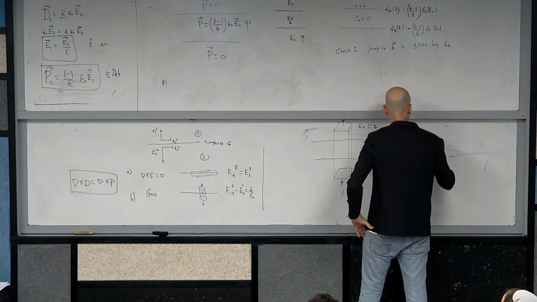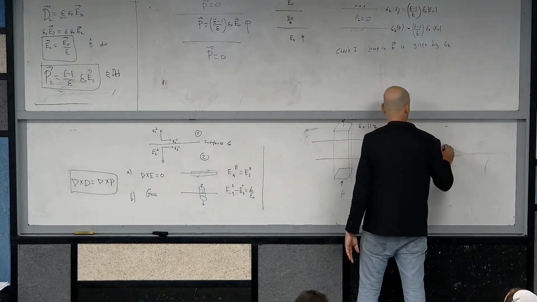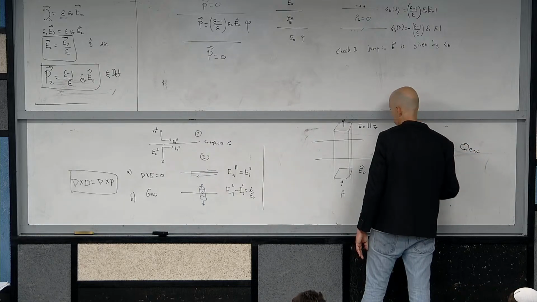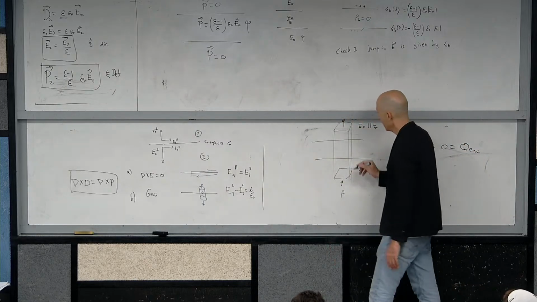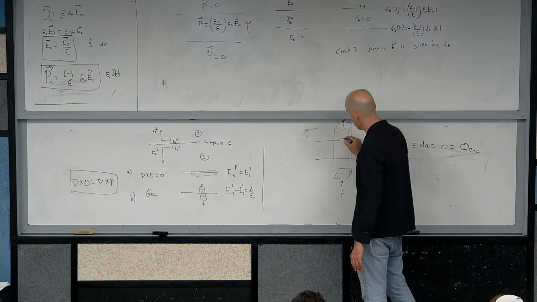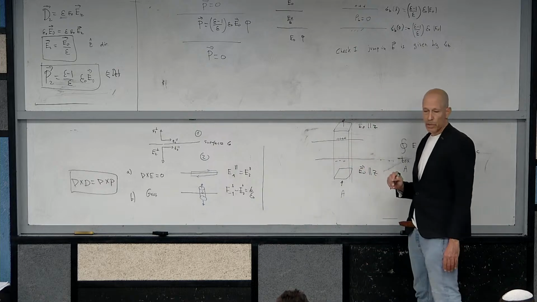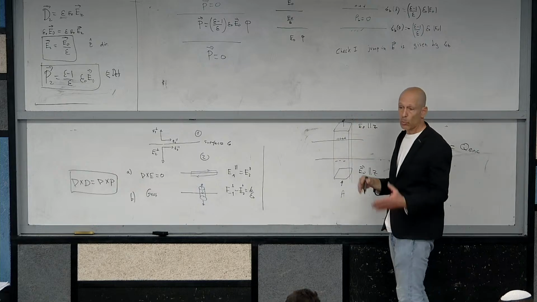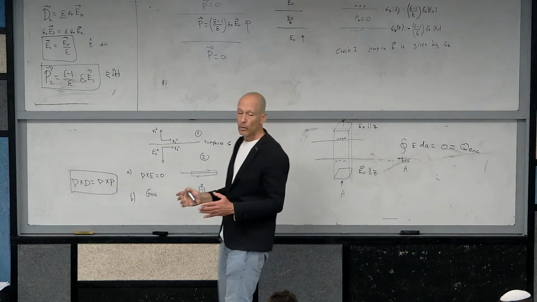the integral of E dA, there are no fluxes on the sides, and that should be equal to what? To Q enclosed. But what is Q enclosed? Here I have positive charges with some charge density, and here I have negative charges with the same charge density. This is this guy and this guy. So what is the total charge inside? It's zero.